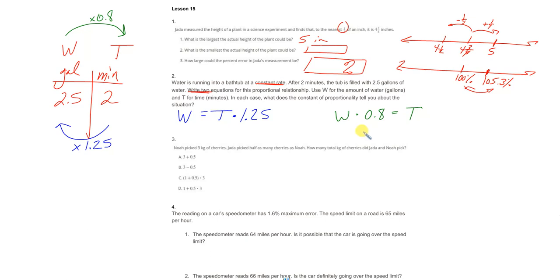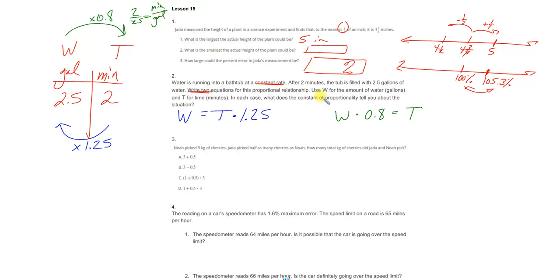Alright, so in both of these scenarios, in the one where I got 0.8, to get that answer I did 2 divided by 2.5, which was essentially taking the time, minutes, and dividing by gallons.